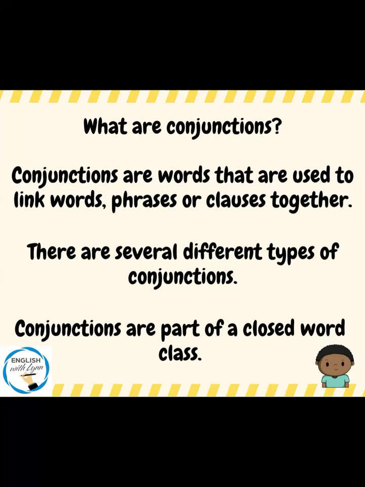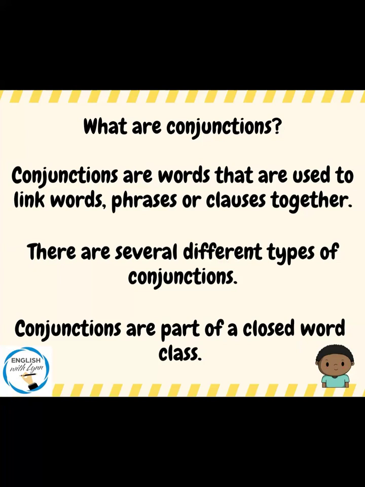With a word class such as nouns, there are new words being added all of the time, so you can't possibly learn all of them. But with conjunctions, there are never going to be any new conjunctions added to that word class.